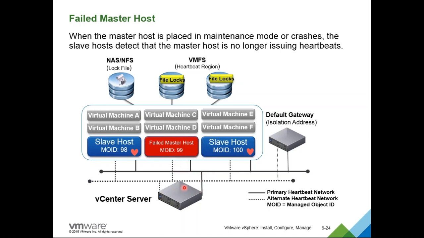MOID is nothing but like a computer ID, UUID, group ID; your HA also has a MOID. Whenever a node is added into your HA cluster, that will be allocated by your HA agent. So it knows from the MOIDs only that this particular host is a master agent and that particular host is a slave host.